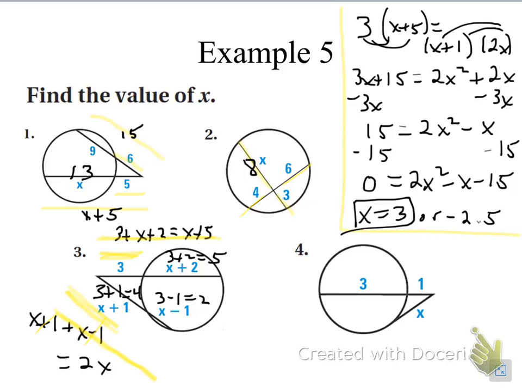So if we check it, negative 2.5 plus 1, that's negative 1.5. And it makes no sense for this to be negative. It's a length. So we right away know it failed on that particular check, so I'm not going to use negative 2.5. And I've got my answer there. So I'm going to use, in this case, x equals 3.